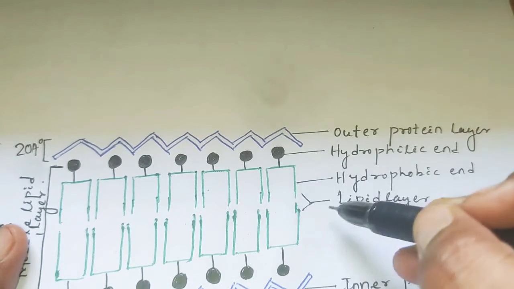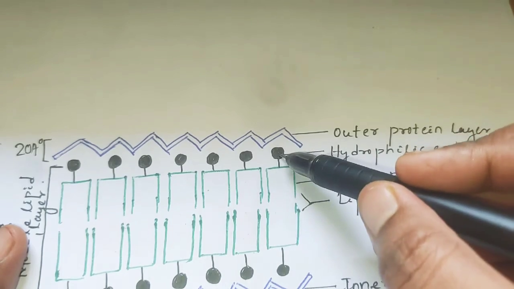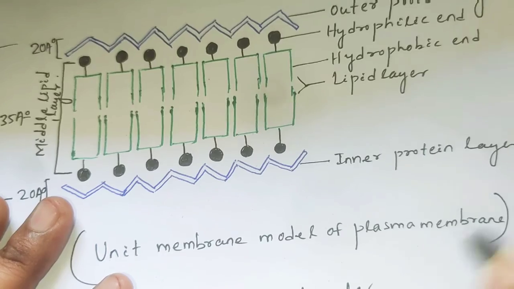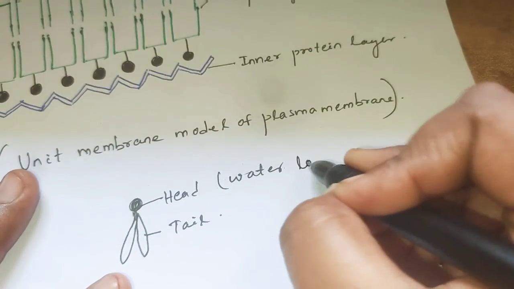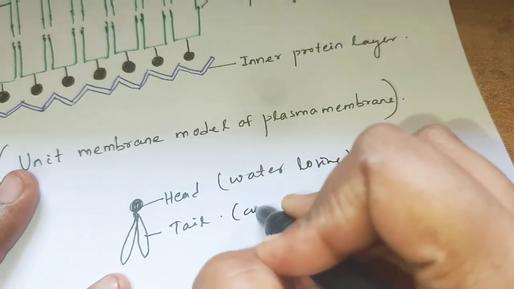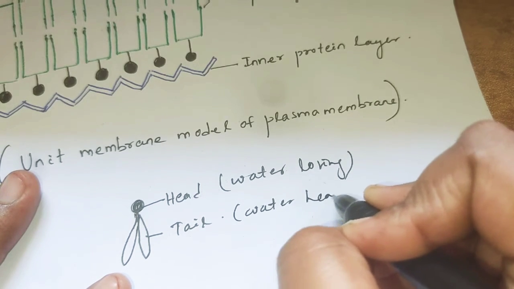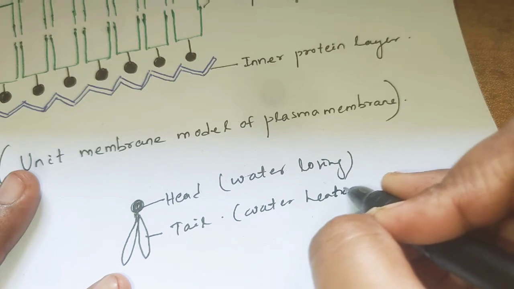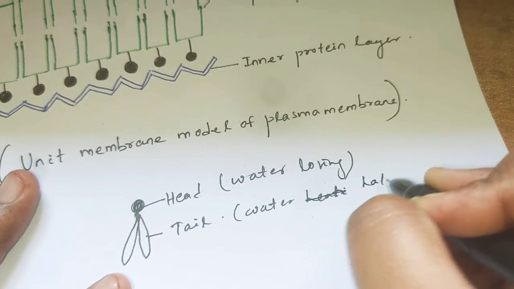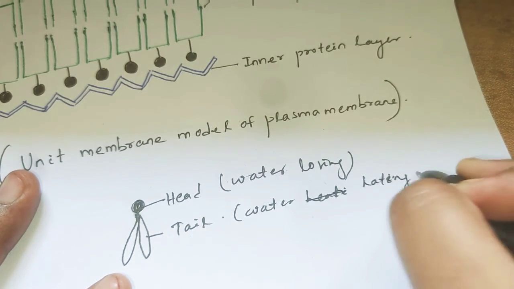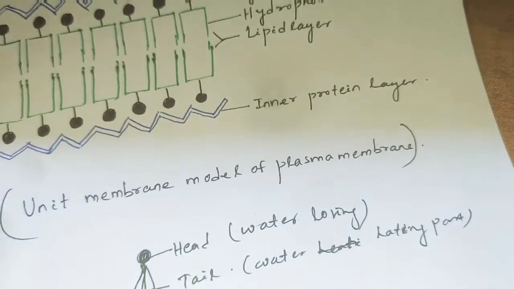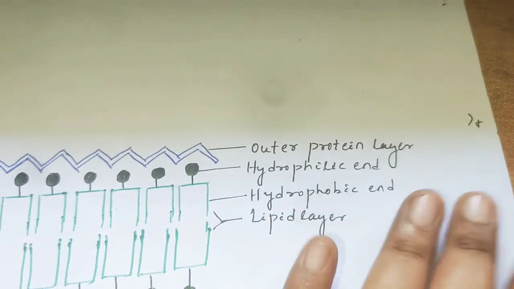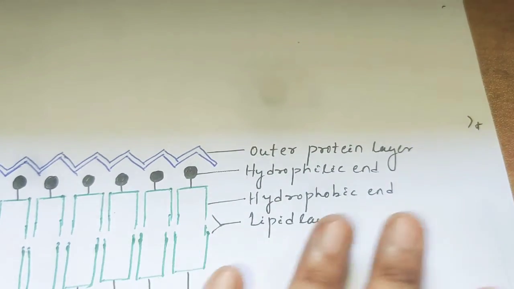That means the water-hating part. The head part is the water-loving part, and the tail is the water-hating part. Remember, that's why the head is known as the hydrophilic end, and the tail is known as the hydrophobic end.